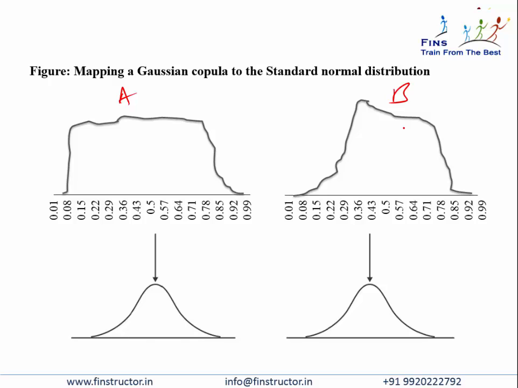Now what I can do is take the 5th percentile value, see where the 5th percentile is, or what value that is. And then in my normal distribution, I will ensure that the 5th percentile value is the same. So even in my normal distribution, when I'm mapping, I will make sure the 5th percentile value is the same. Similarly, I'll make sure the 10th percentile value is the same.